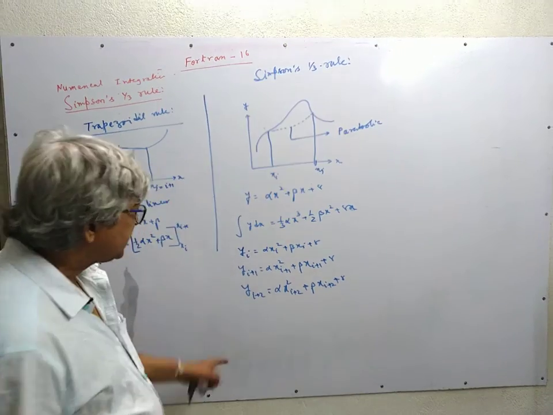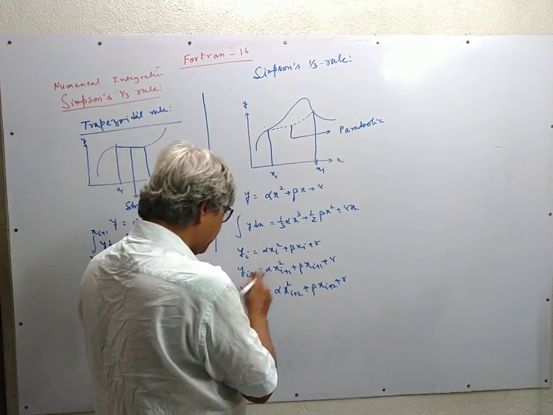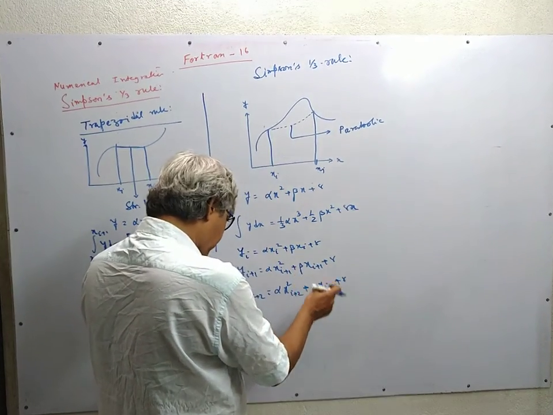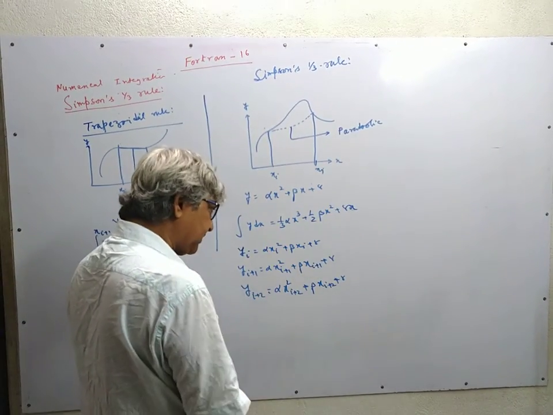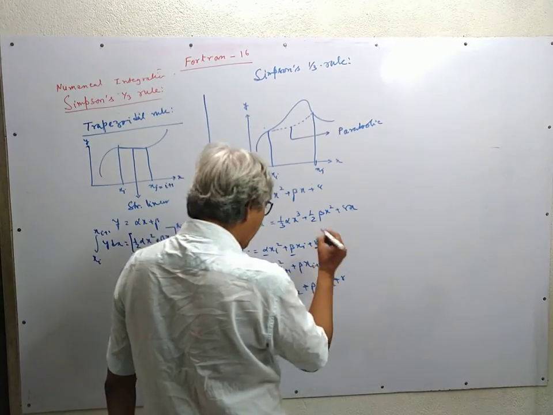In these three equations, yi, yi plus 1, yi plus 2, xi, xi plus 1 and xi plus 2, these six quantities are known, which enables us to determine alpha, beta, gamma.